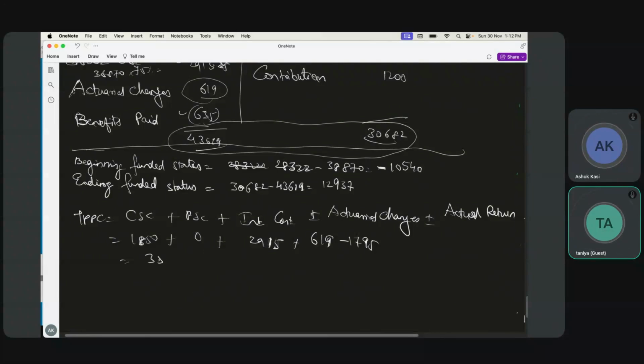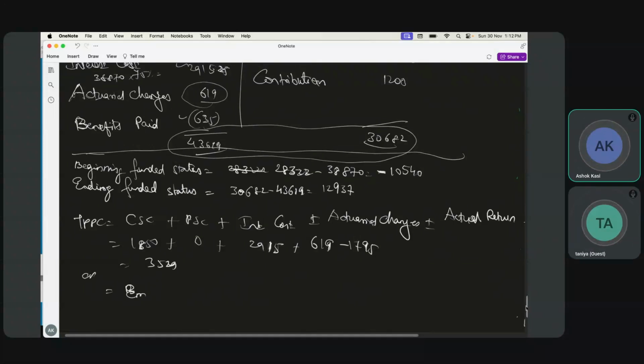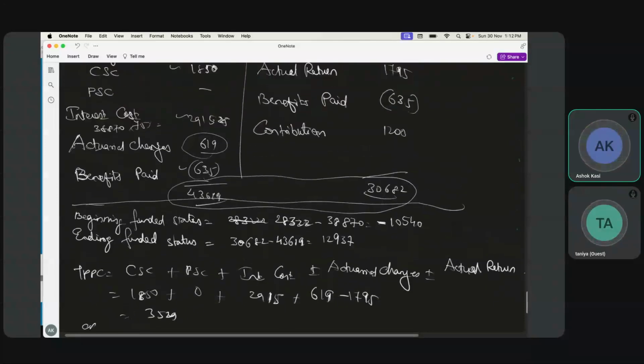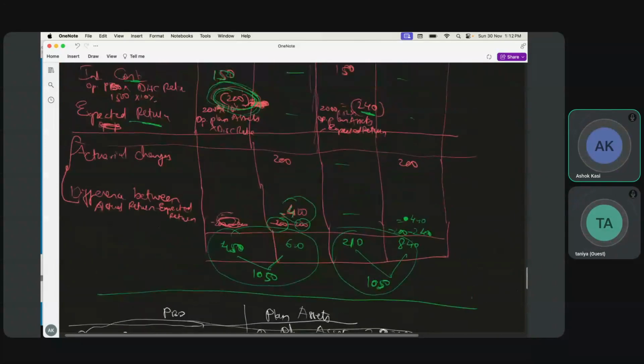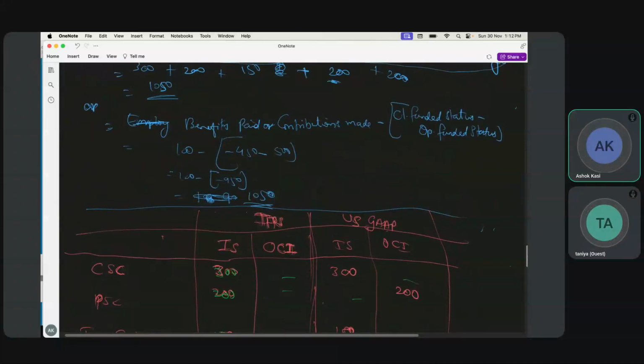3589. Now there is one more way to cross check: employer's contribution. Not benefits paid, employer's contribution. How did I write it here before? This is employer's contribution only, not benefits paid.